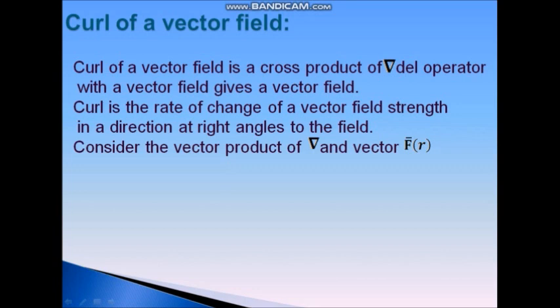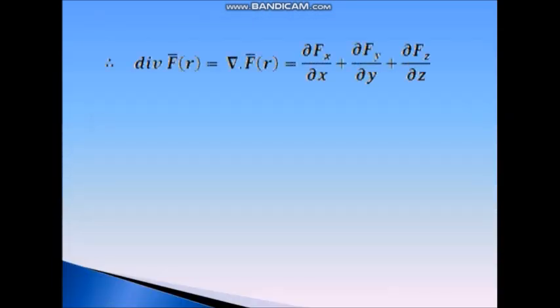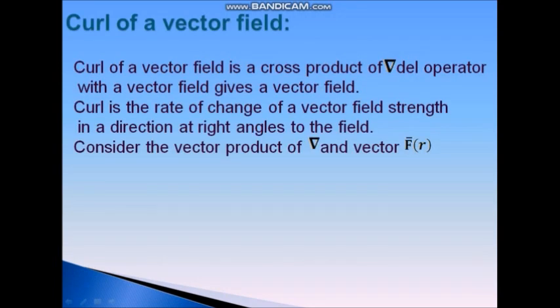Now here, the curl. We consider the vector product of del and the vector function f of r, where f of r is equal to i f of x plus j f of y plus k f of z. It is a vector function.